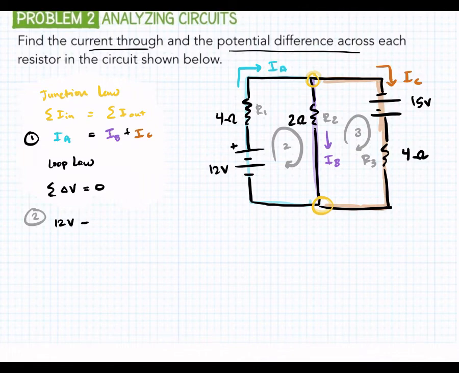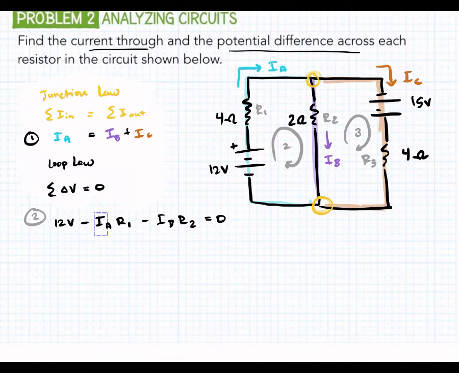So that's going to be minus IA R1. And then we get to R2, and that's going to be also minus, because we're going the same direction as current, minus IB R2. And all of this should add up to 0.